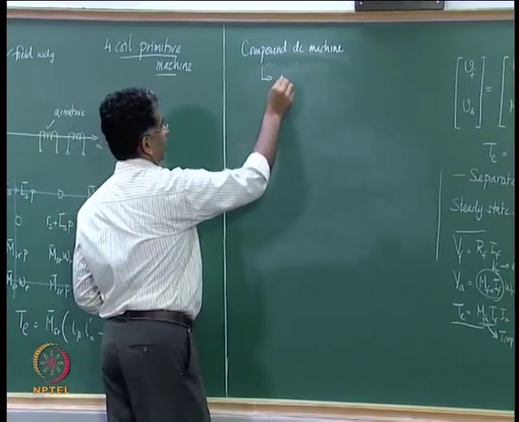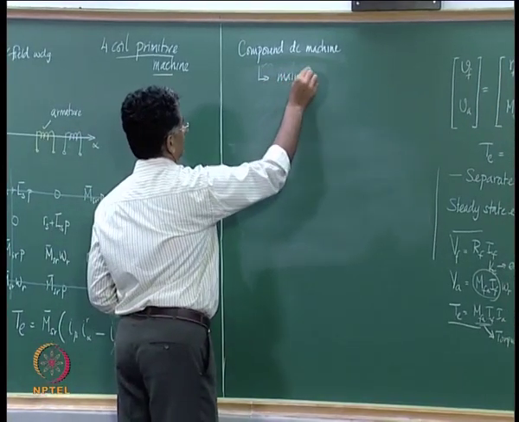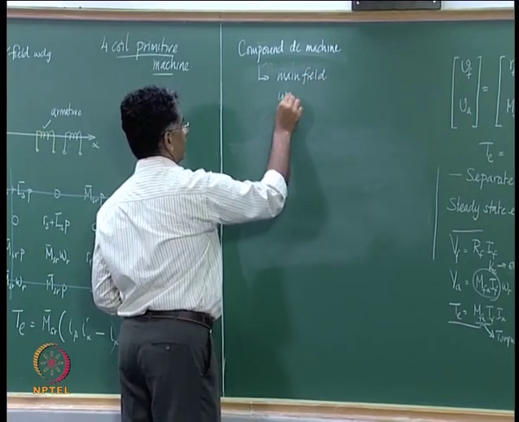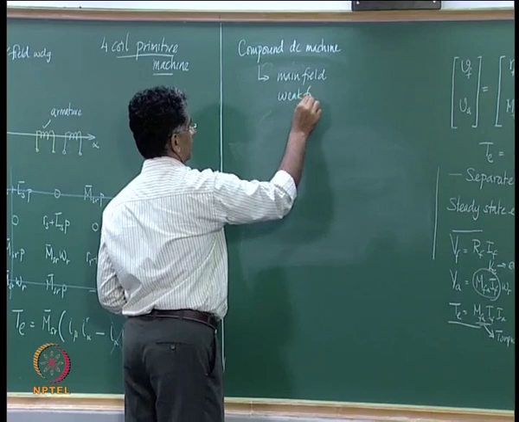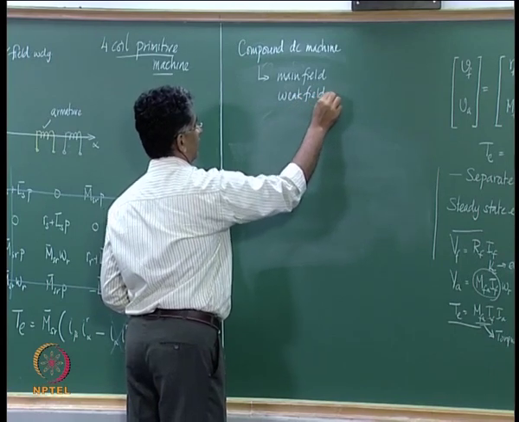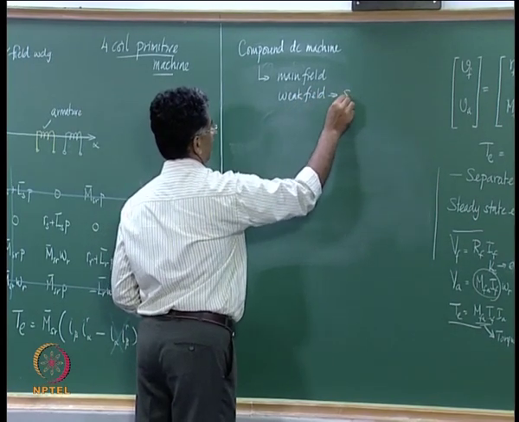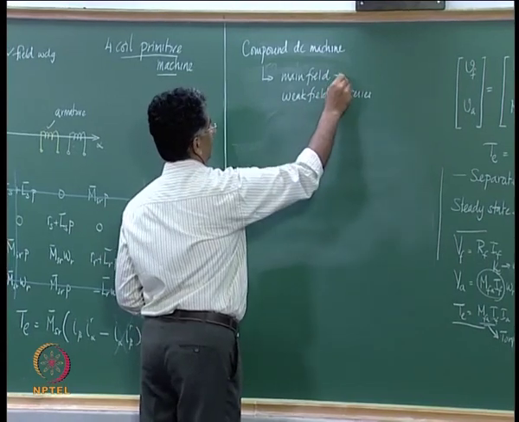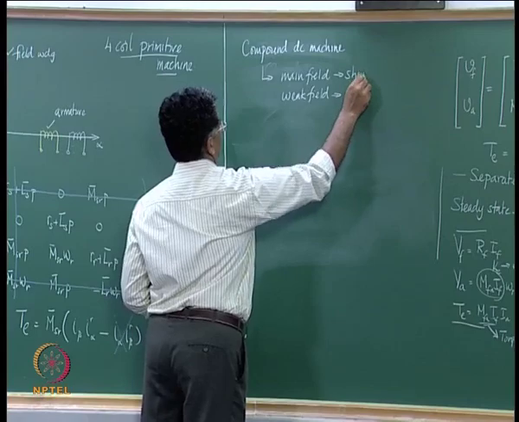One is the main field winding and another is a weak field winding. This weak field is normally connected in series and main field is normally in shunt.